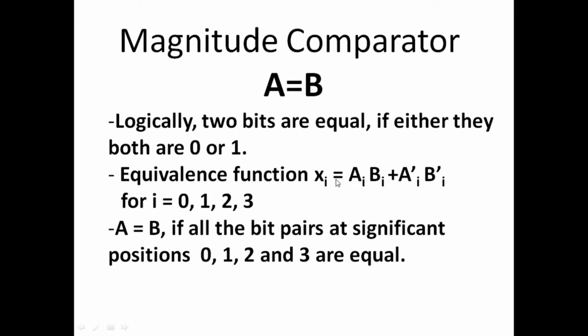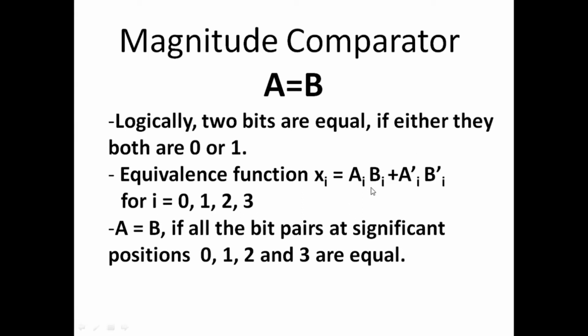significant position, and that's why we use the subscript i, where i can be 0, 1, 2 or 3. Then the equivalence function is ai dot bi plus ai prime dot bi prime. So this is the equivalence function. Whenever the value of xi is 1, then the bits at position i are equal.